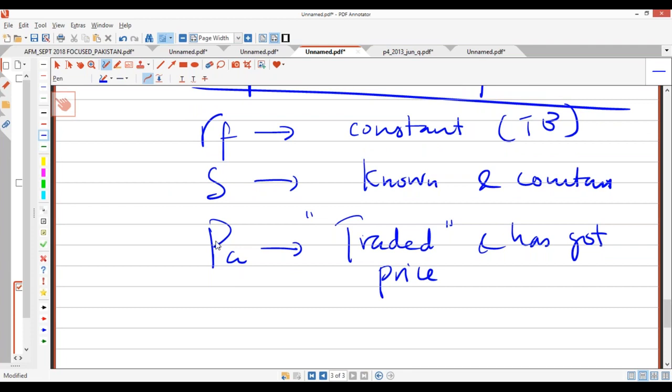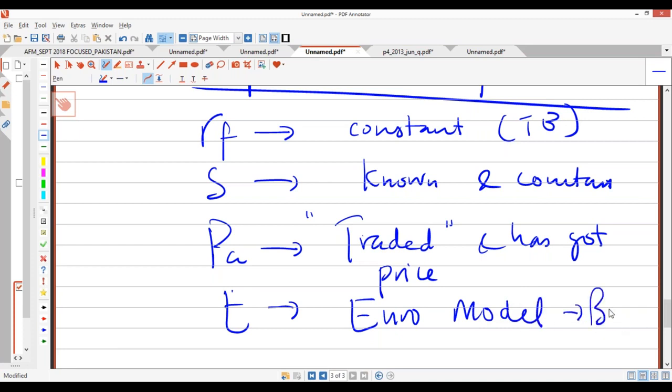One more is T, for time. You assume that this is a European model.